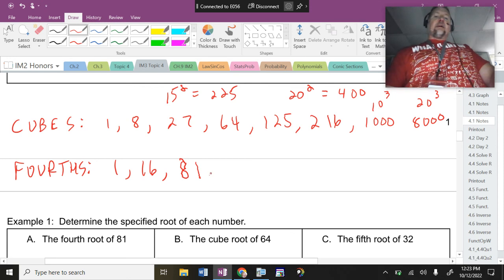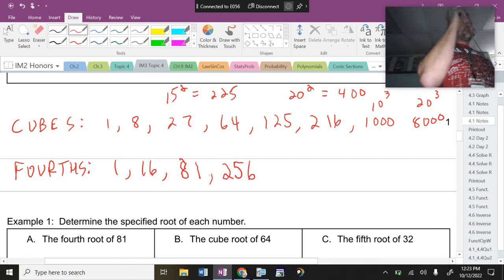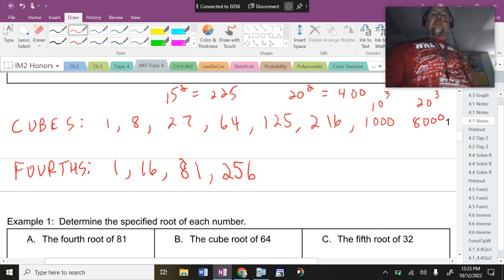All right, and then I think we should be able to do 4 to the fourth power. Anyone want to say it? 256. All right, and then you know what? Yes, this may be the hardest. This is not.